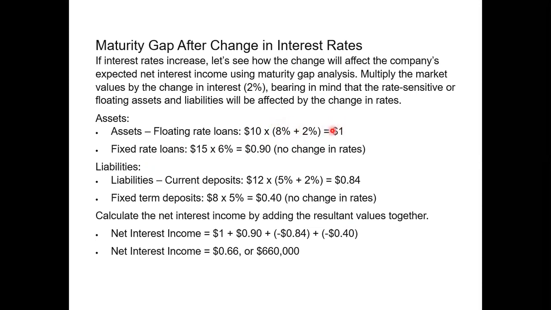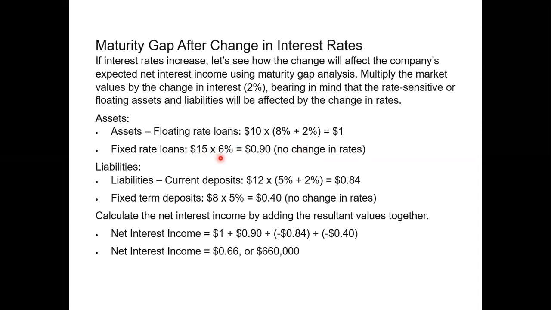Now how much? 1 million on the assets. Total revenue on rate sensitive assets is 1 million. Fixed loan, there's no change, because it is not sensitive to changes in interest rate.